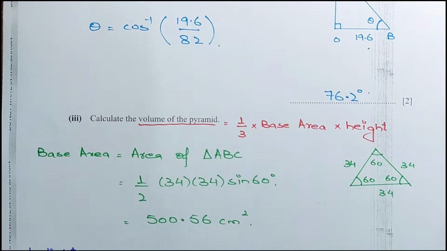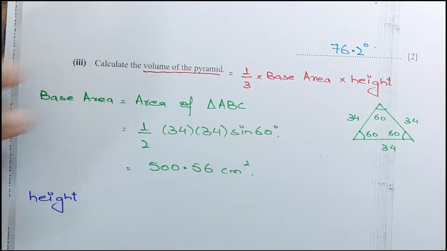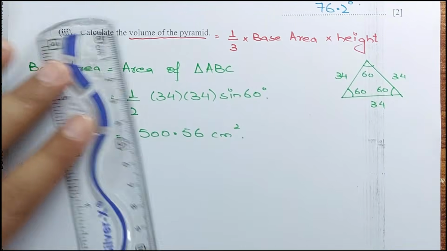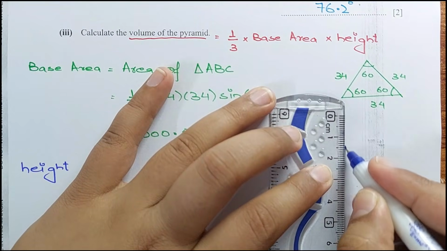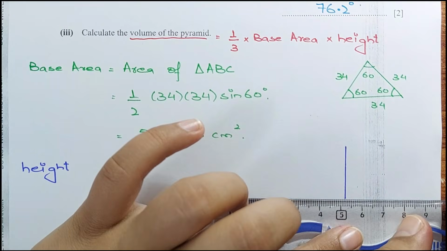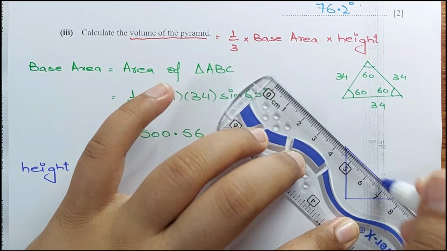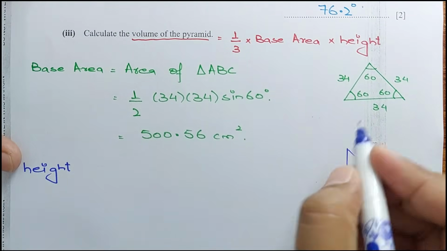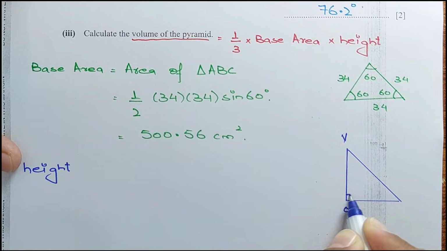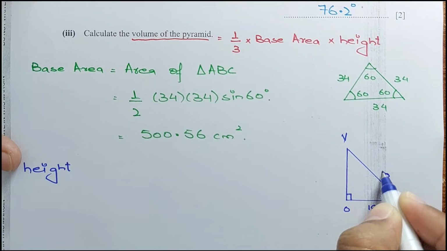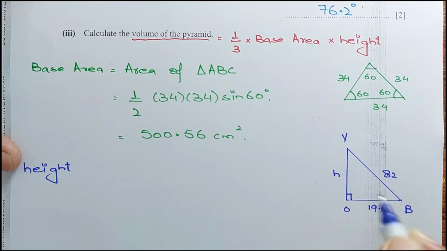Okay. Let me draw this triangle separately to make it understandable. So VO is the height of the pyramid, and we have B here. So this is VO, and we have B, OB is 19.6. VB is given, 82. We need to figure out the height.